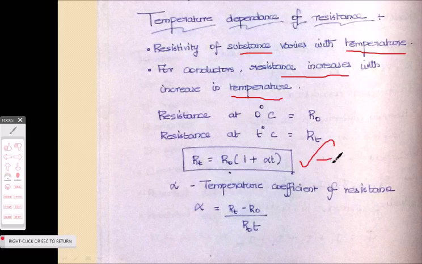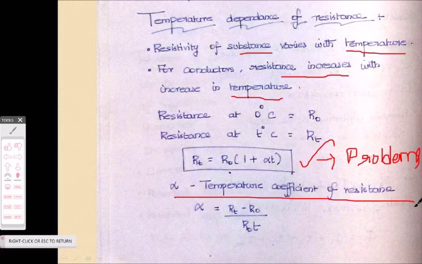This is a very, very important formula, very much useful in solving various problems. Alpha is the temperature coefficient of resistance.